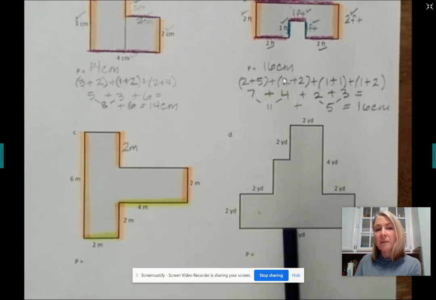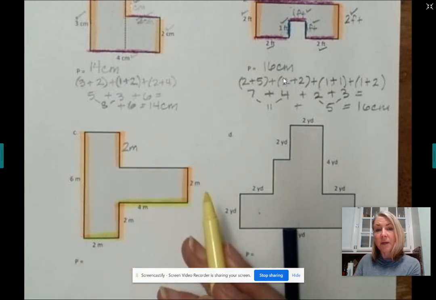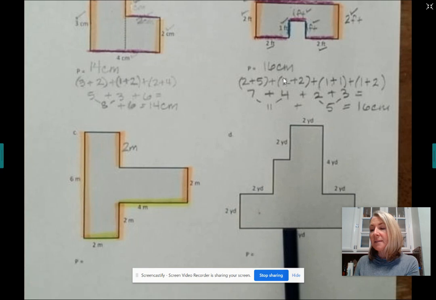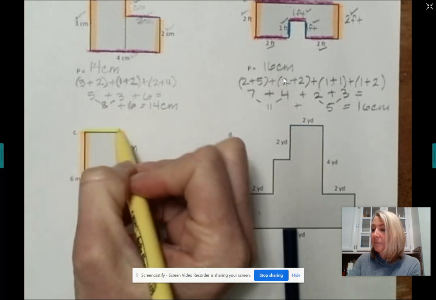Now, when I look up, that's where my missing side lengths are, right? Now, what's nice about this particular figure is that on this part, we're not going to have to do a lot of adding or subtracting to figure out these side lengths because look, I have 2 meters here. If I look up, I have an identical match, right?